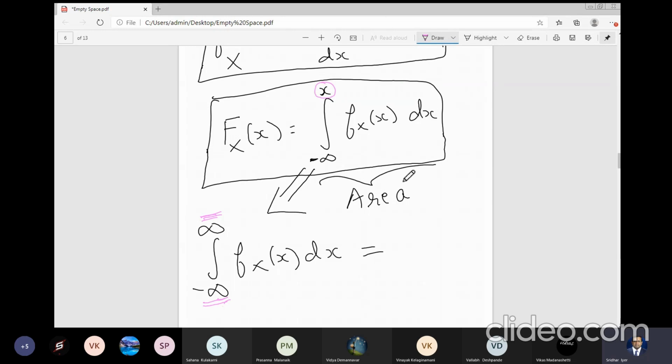Anybody? When you don't conduct any experiment, the value of probability is 0. When you conduct all the experiments and sum them, what should be the value? 1, right? So basically this answer will be 1, right? Because if you see how it is related, integral of the PDF is nothing but the CDF, right? And what is the total value of the CDF?